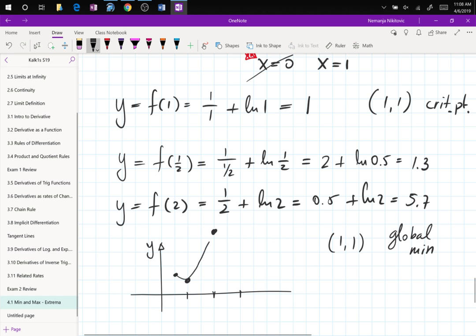So the function is doing this. It's going to go forever up, up until it hits the y axis. So this has to be a min.